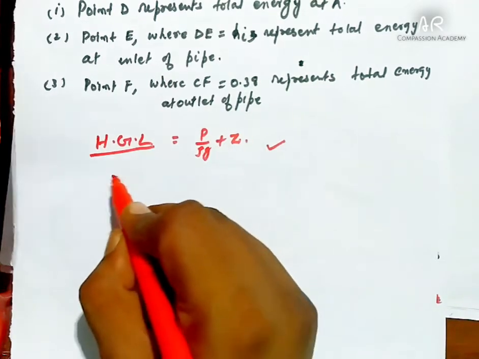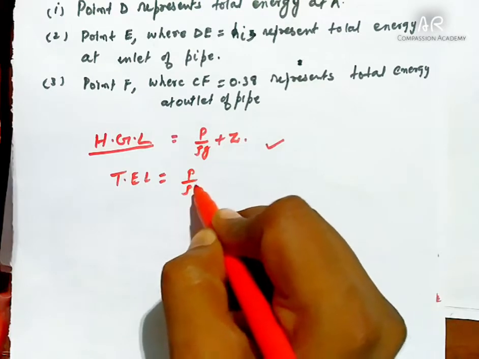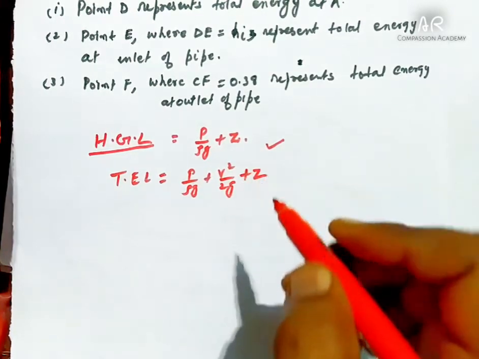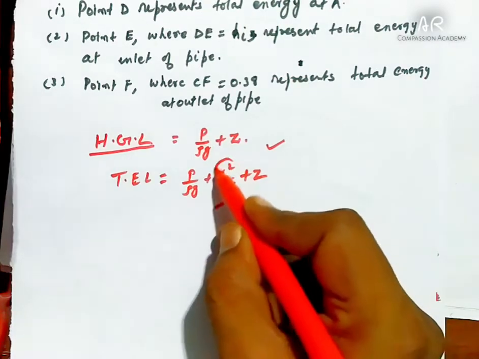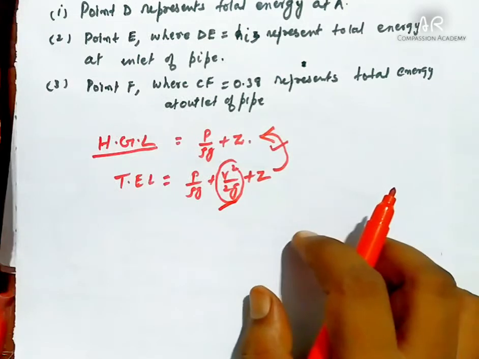Total energy line is P by rho g plus V squared by 2g plus Z. If you subtract V squared by 2g, it will give the hydraulic gradient line.